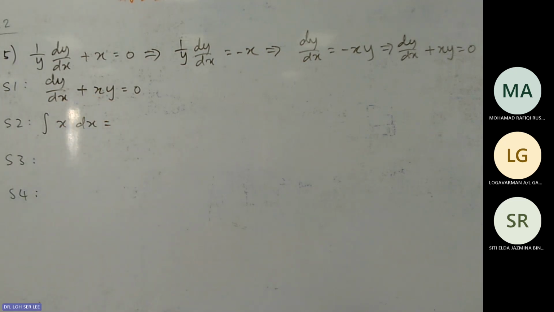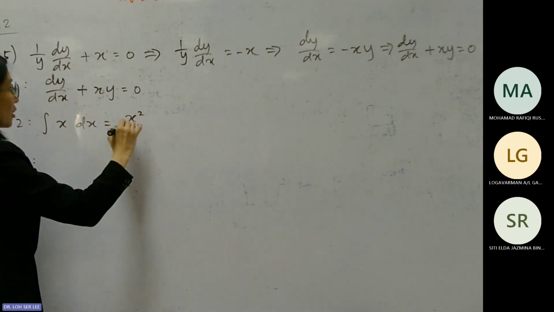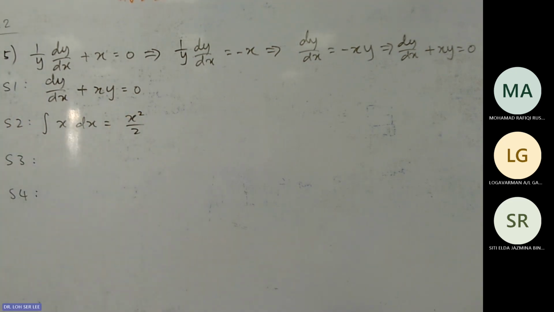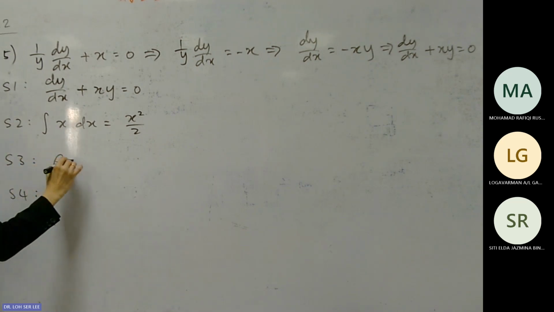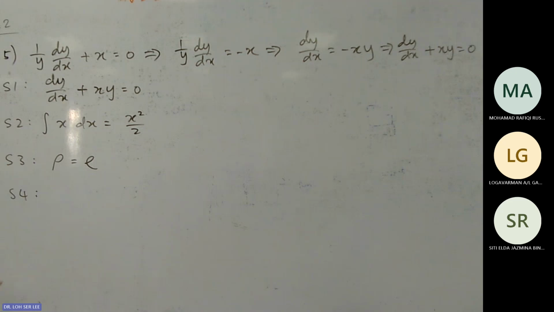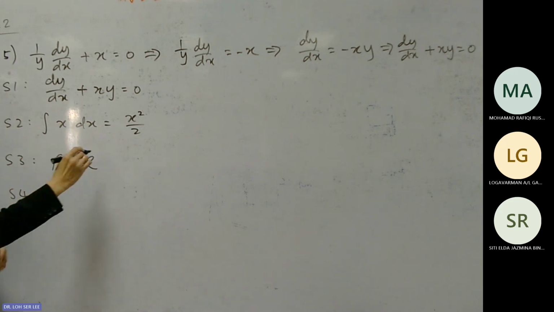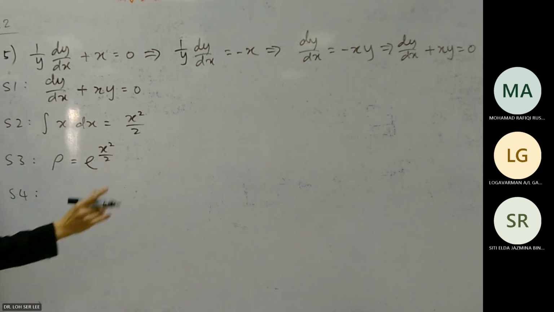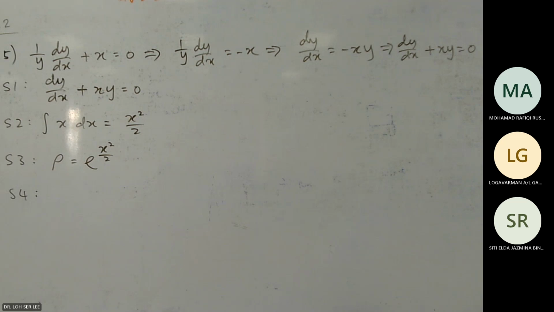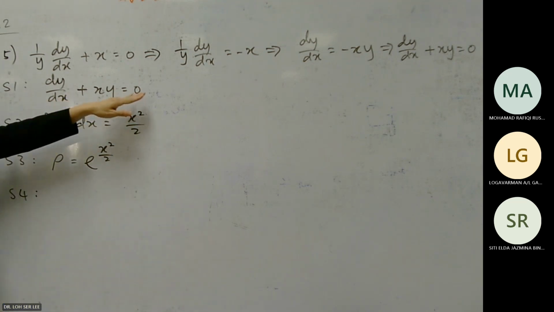So x, when you integrate, you get x squared over 2. Step 3 is the integrating factor. So it is an exponential function to the power of the step 2 function. And step 4, we multiply the integrating factor to the step 1 equation.